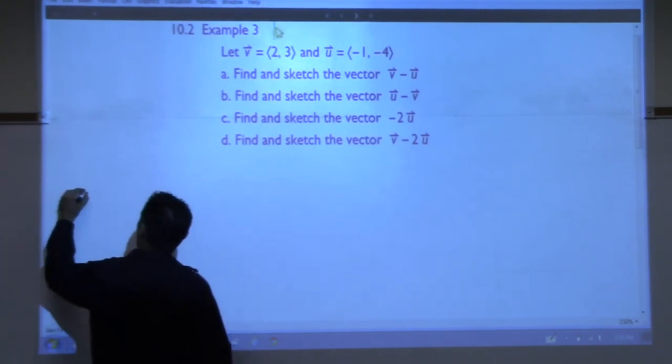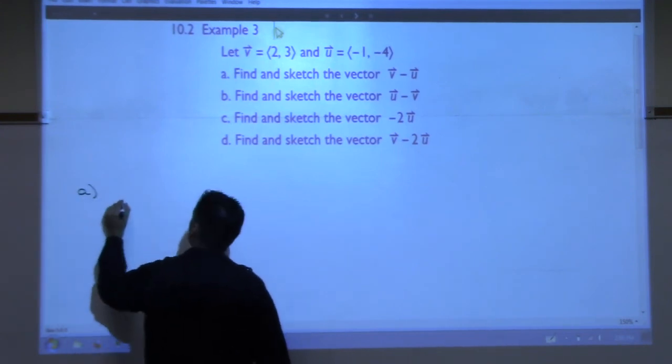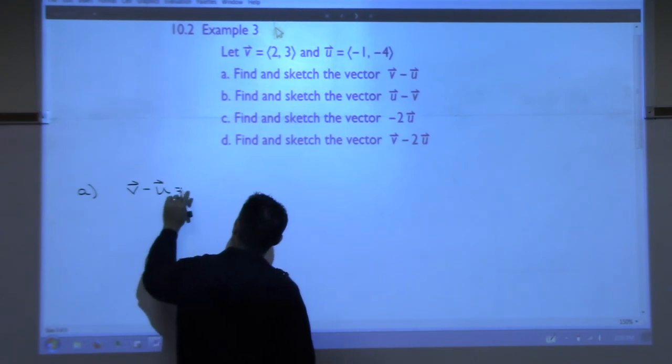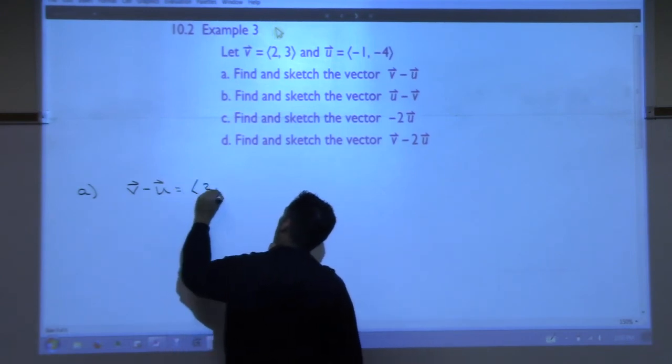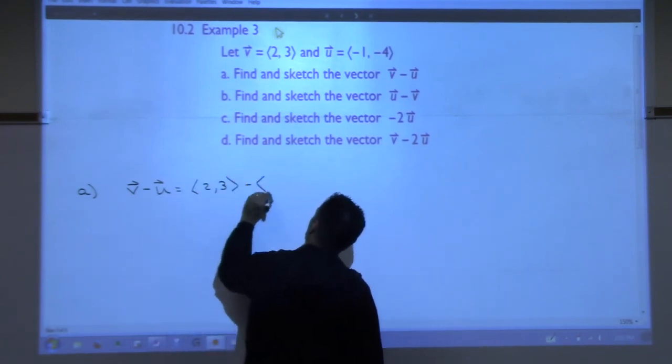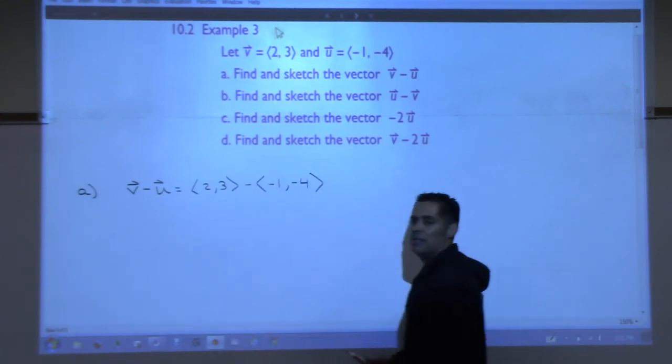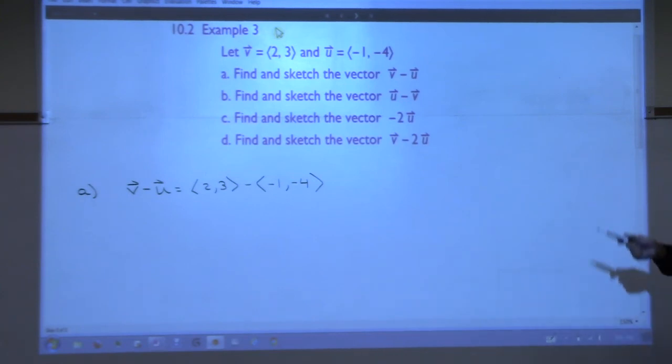So let's do part A. What is the vector v minus the vector u? Well, that should be the vector 2, 3 minus the vector negative 1, negative 4. Right? That's what it is, if we just write down v and we subtract u.